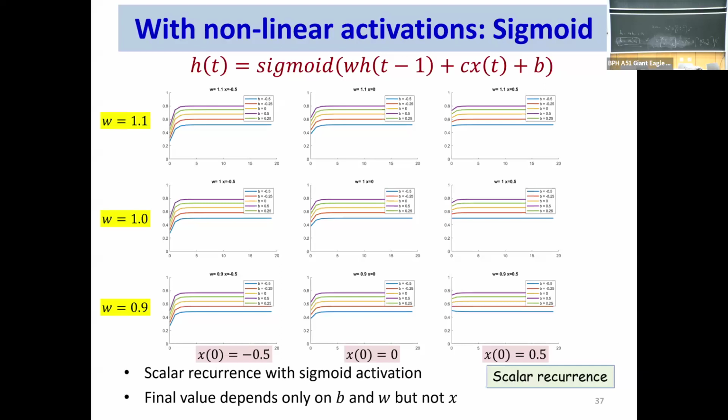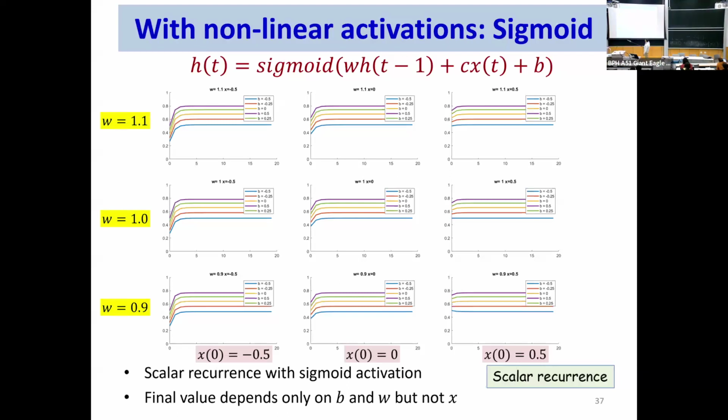And I have a single input at time 0. And here's how the plot is. I have a sigmoid activation in the recurrent hidden layer. The hidden value at time t is the sigmoid activation applied to w times h(t-1) plus x(t), and plus b, because it's an affine value, right? So the affine value also has the bias.